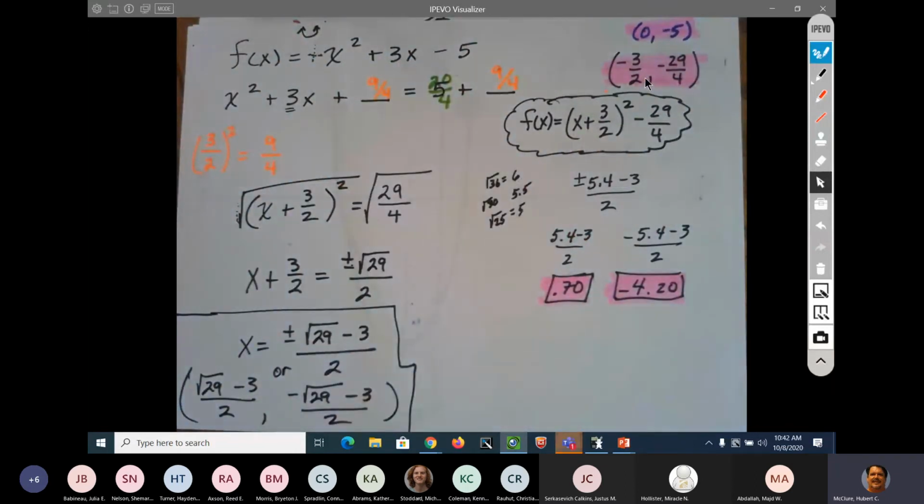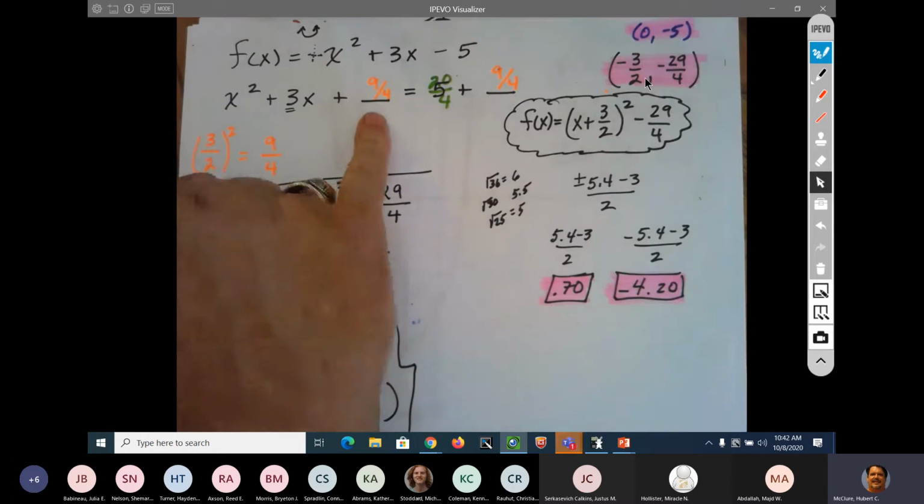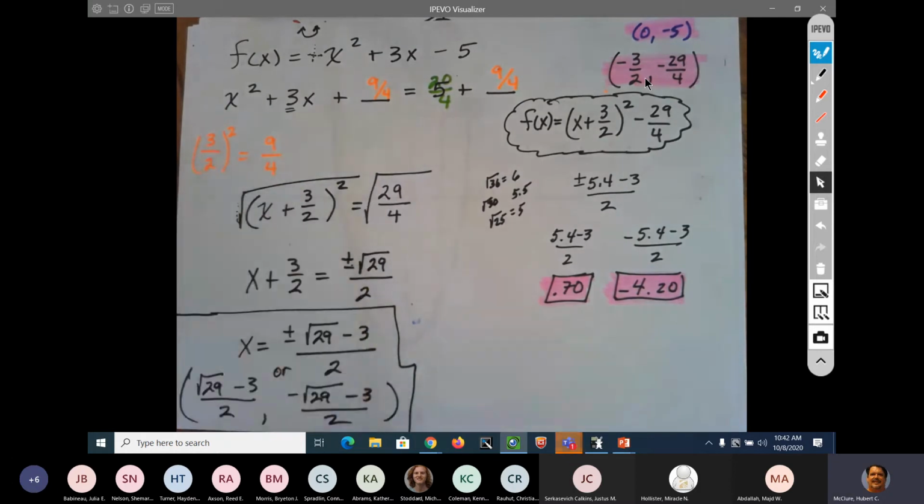And one of the worst things you could do is change it into a decimal. Because if you change it into a decimal, you're tying your hands behind your back, because you can't do simple math with decimals, especially multiplication and division. With leaving it as a fraction, you just take 3/2, square it, and you got 9/4.